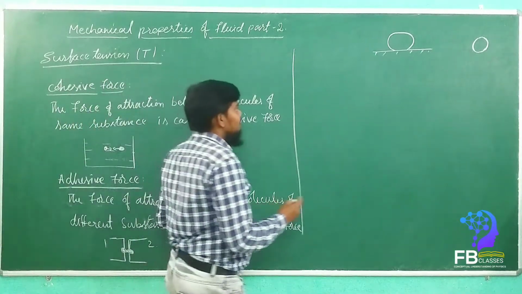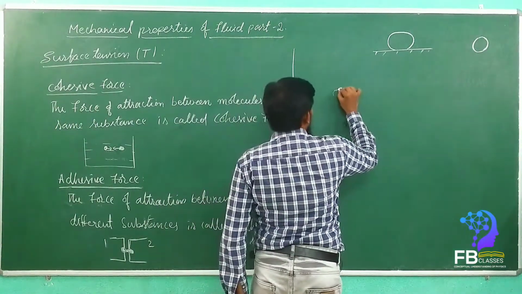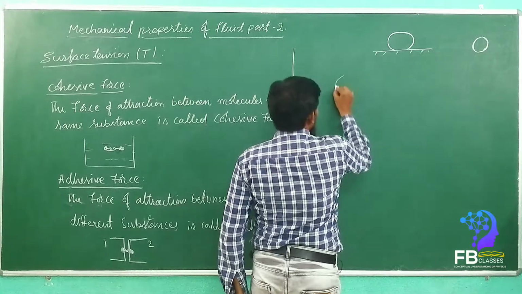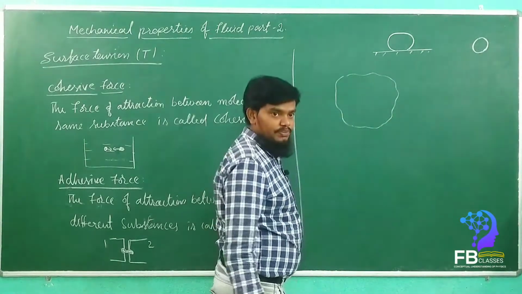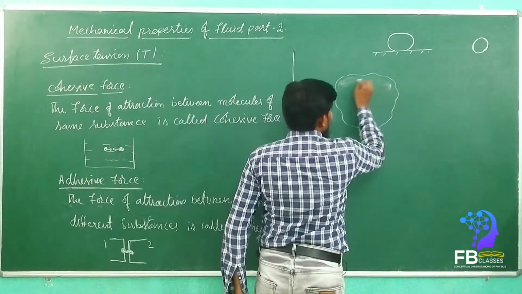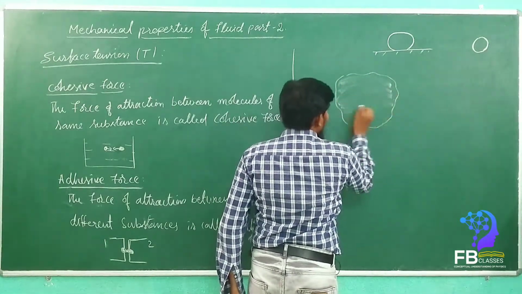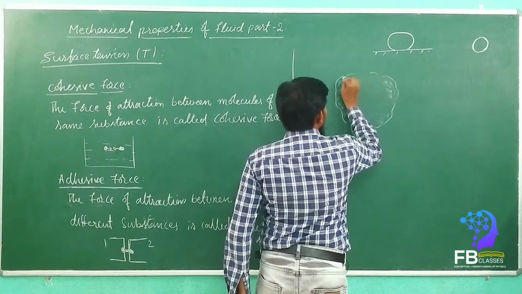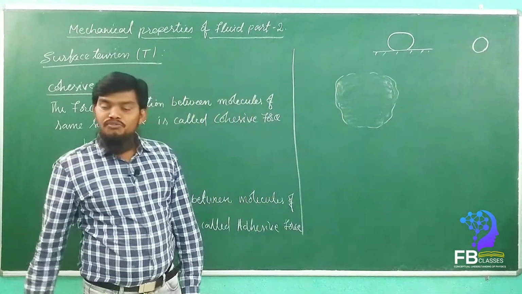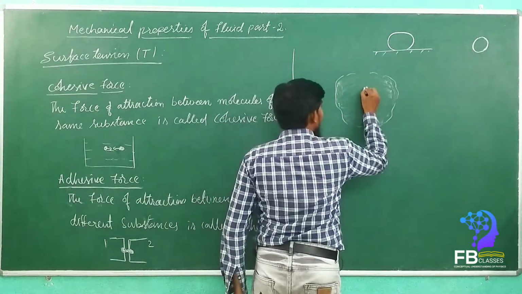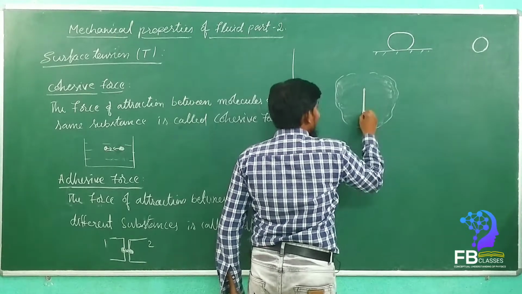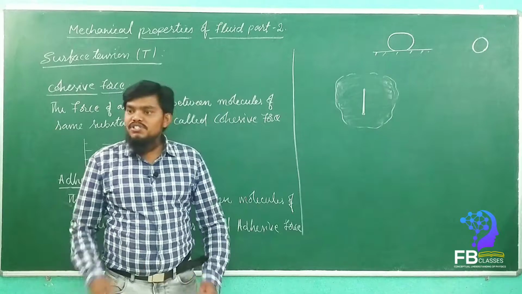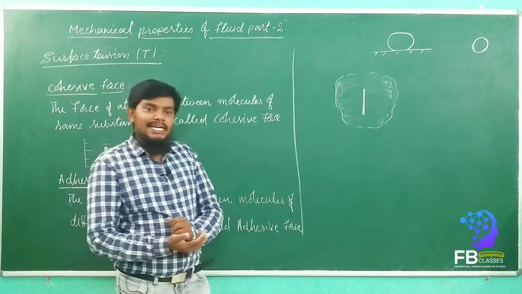Okay, see here, for example, if you take a liquid, a liquid drop. In this liquid drop, we have to draw an imaginary line. Let this be the imaginary line on the surface of a water drop or any liquid drop.